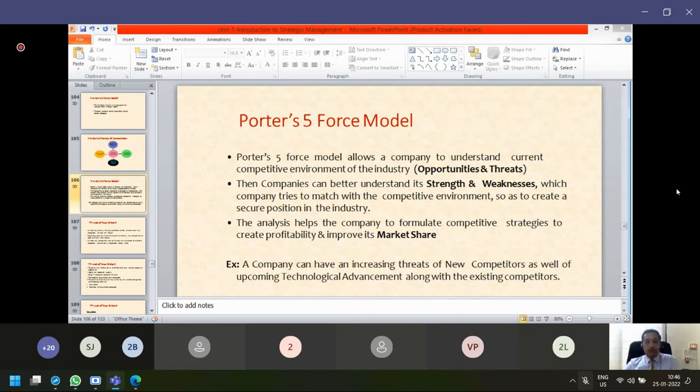Then this analysis helps a company to formulate competitive strategies to create profitability and improve its market share, obviously. For example, a company can have increasing threats of new competitors as well as upcoming technological advancement along with existing competitors.